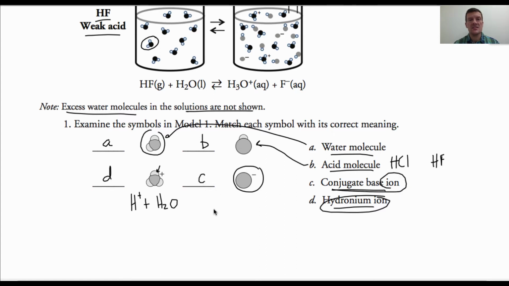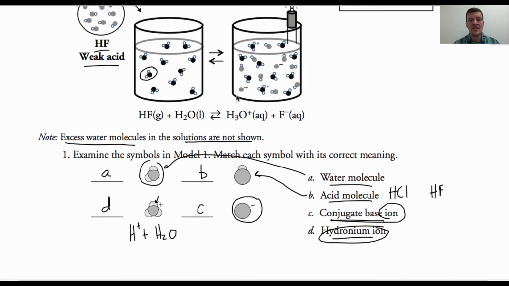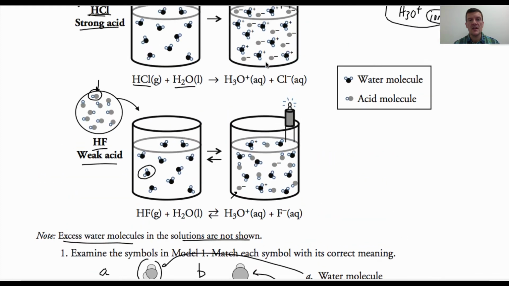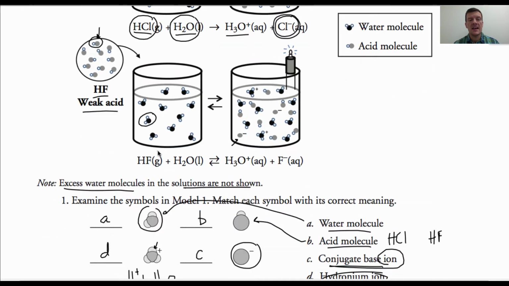So that is our C. Okay? And you'll see that those appear in the solution after you've added it to the solution. Okay? So these reactions are an acid put into water, creating hydronium and the conjugate base ion.